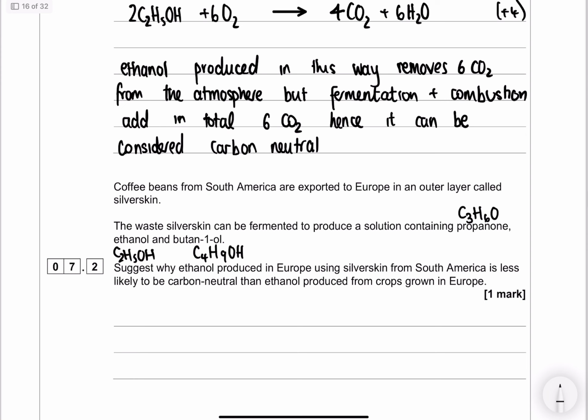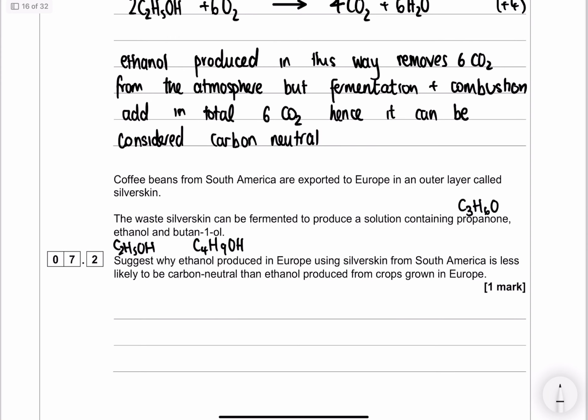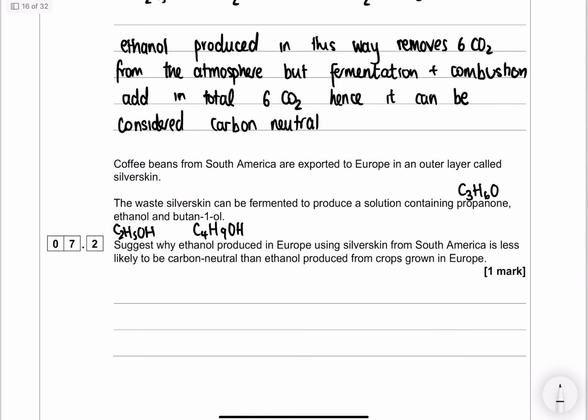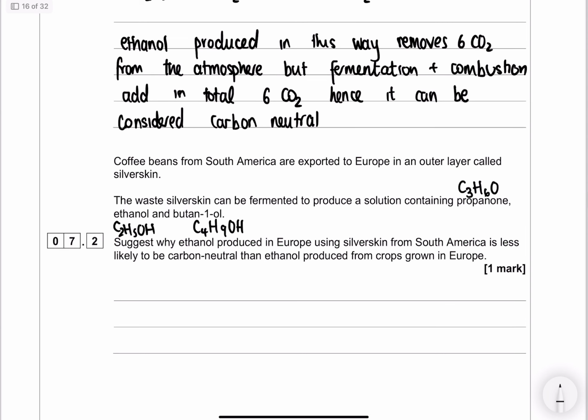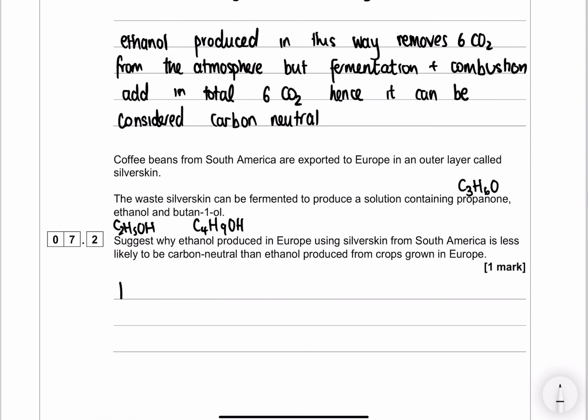Suggest why ethanol produced in Europe using silver skin from South America is less likely to be carbon neutral than ethanol produced from crops grown in Europe. Well, if we have to get that silver skin over from South America, the transport will have carbon emissions. So the transport from South America will release CO2.